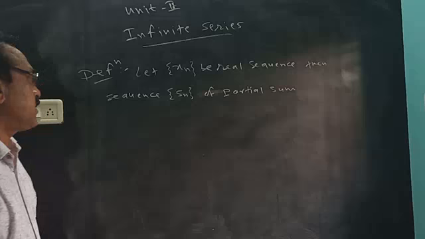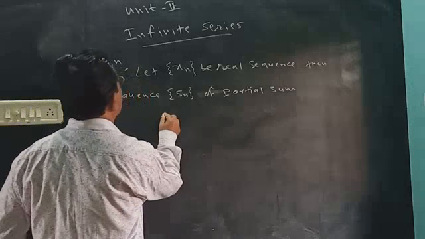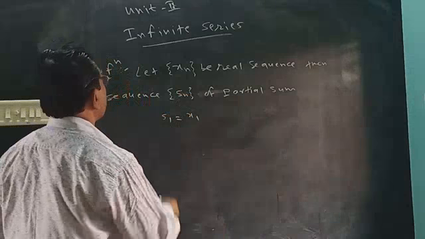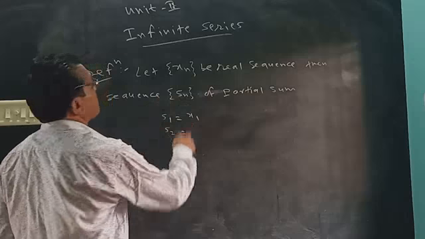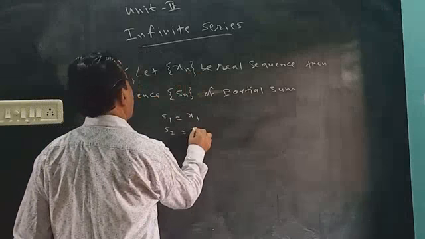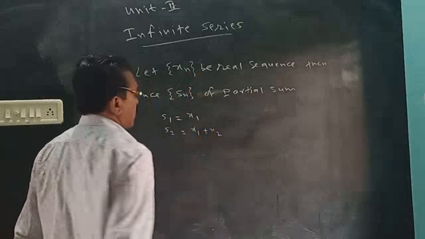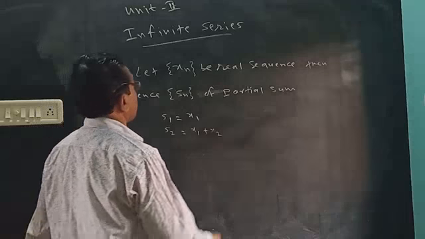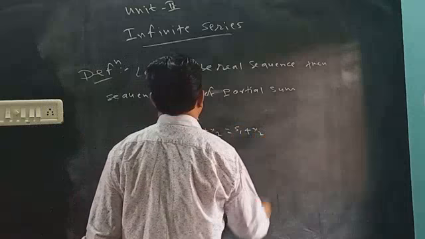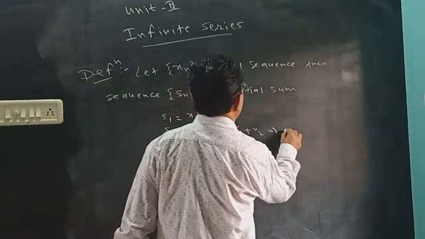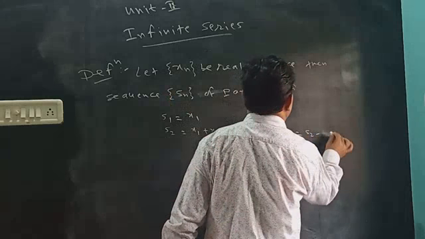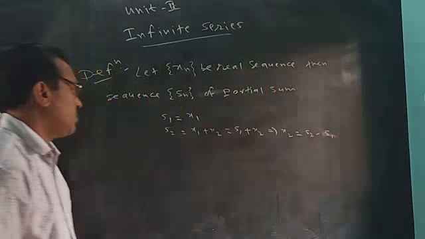Partial sums means what? S1 is the first term, x1. S2 is the addition of two terms, x1 plus x2. Therefore, from this, x2 will be S2 minus S1.